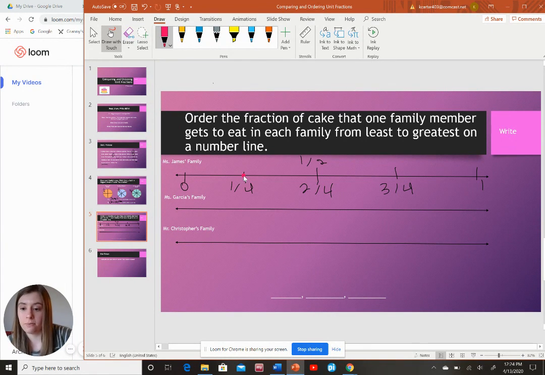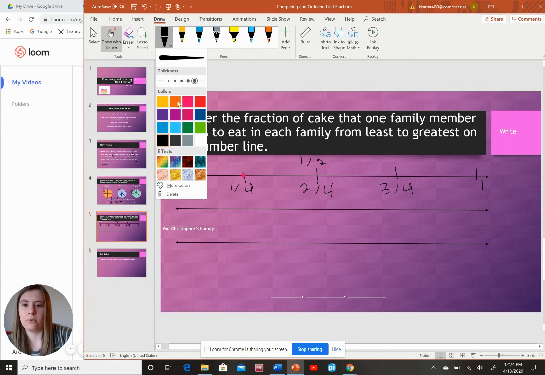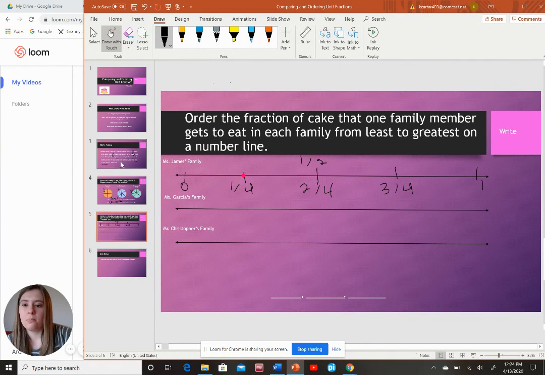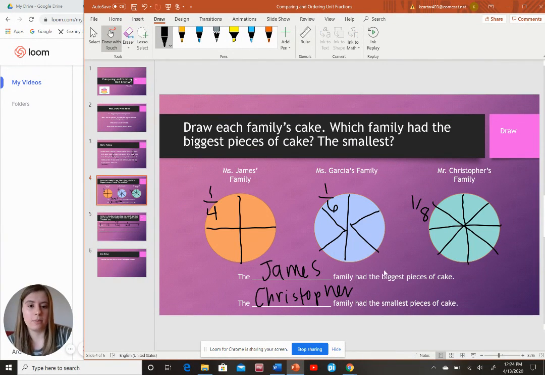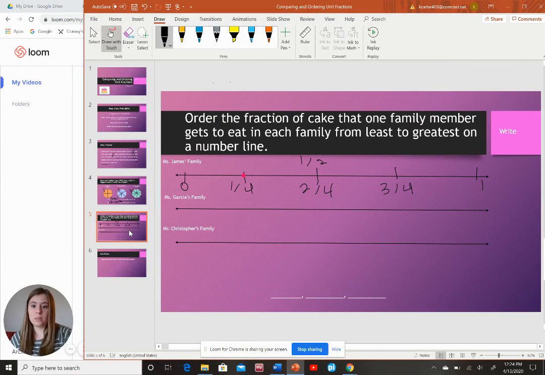Okay, so I'm going to do the same for Miss Garcia's family. If you have a pencil and paper, I would love for you to draw this one with me, if you can. But Miss Garcia's family, if we flip back to her picture, one person ate this 1/6 of a cake, so we need to represent 1/6 on her number line. So just like we did with Mrs. James, I'm going to label our 0 and our 1 to label our endpoints.